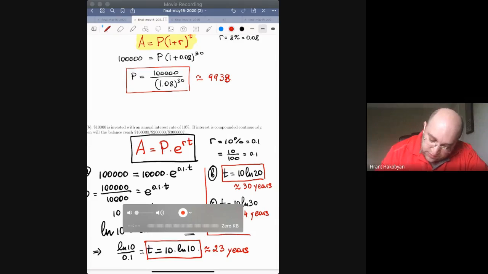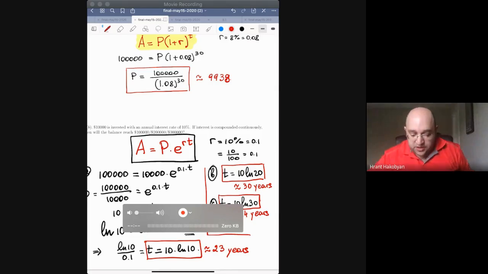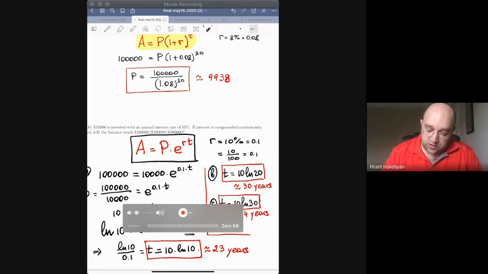If you think about it, it's pretty amazing that you had to wait 23 years to make the first 100,000, but then you only had to wait 7 more years to go from 100,000 to 200,000, and only 4 more years to go from 200,000 to 300,000.